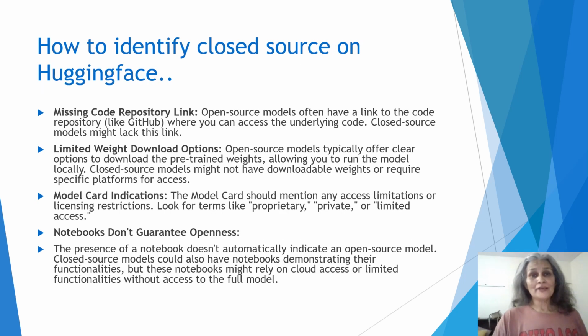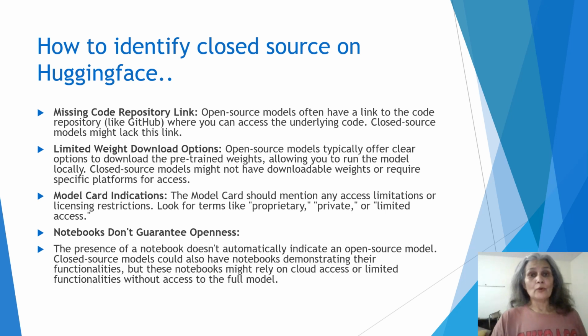So how do you identify closed source on Hugging Face? The first clue that you might have is that there will be a missing code repository link, because open source models typically have this link. They may have limited weight download options, which typically is offered in open source models, allowing you to download the pre-trained weights.